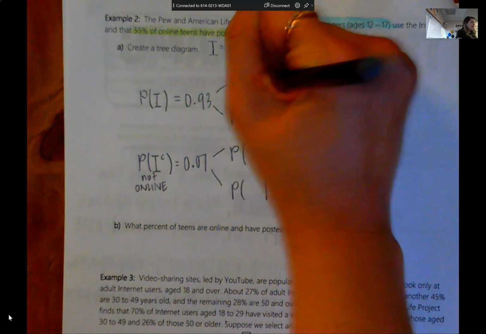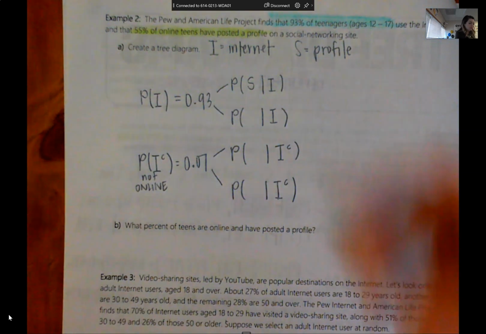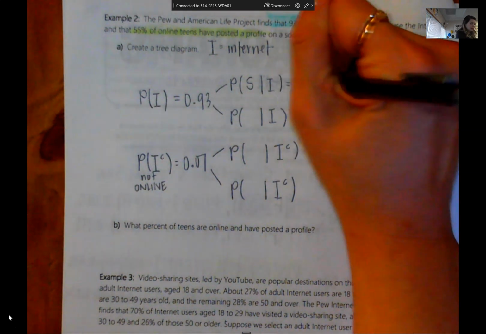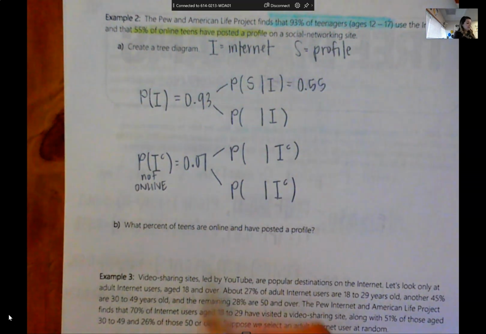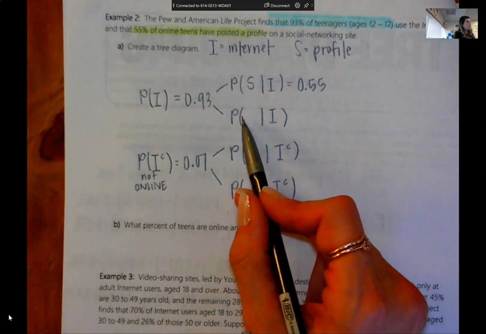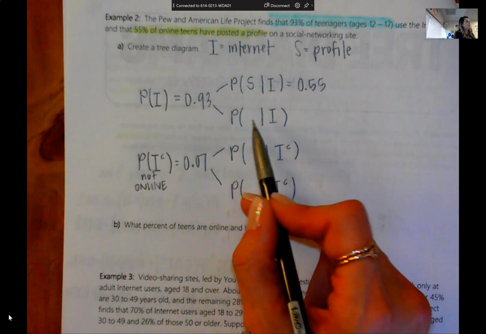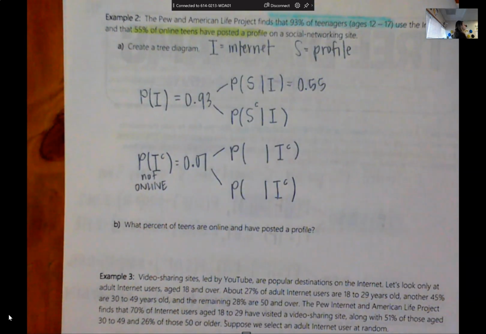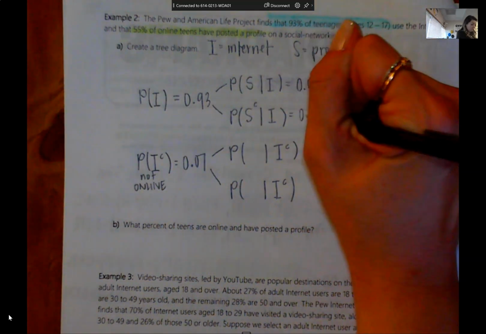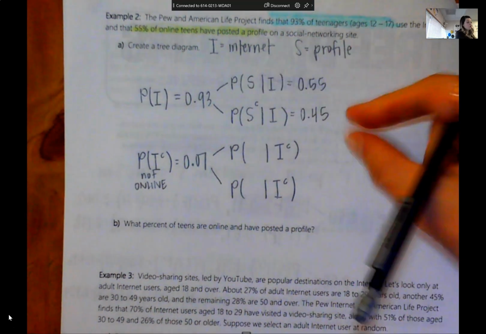So S given I is 0.55. This has to stay the same, so my only option for this other event is S complement. So the probability that they don't have a profile given they're on the internet is what? 0.45. And now those add to 1.